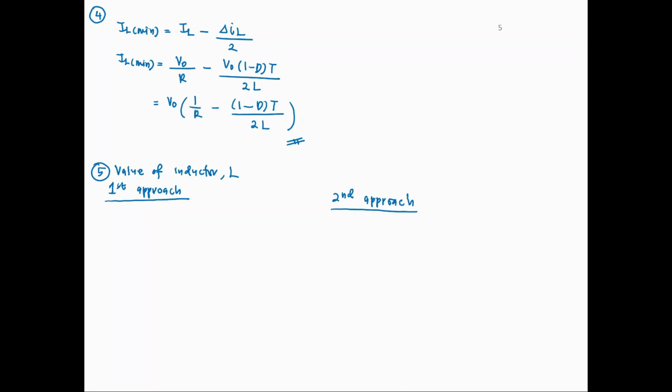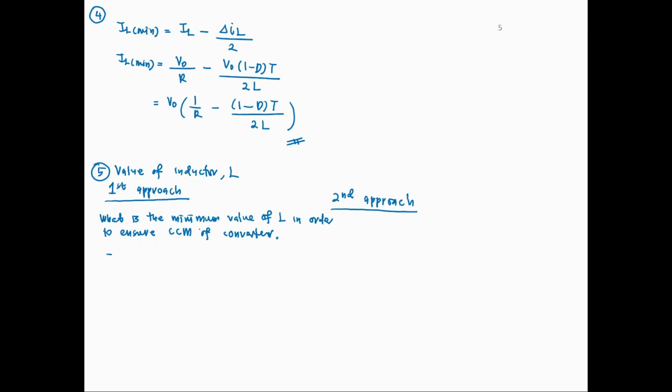So you need to find the minimum value of inductor in order to keep the converter in CCM mode. In order to do that, we need to use this IL min equation.